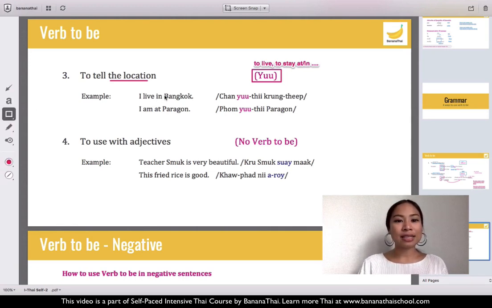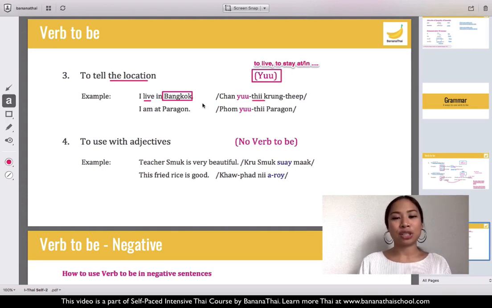Bangkok is location. So live, you use the word อยู่. I, ผม or ฉัน, live, อยู่. In Bangkok is กรุงเทพ. We learned this word Bangkok already. So if you want to say I live in Bangkok, you would say ฉันอยู่กรุงเทพ or ฉันอยู่ที่กรุงเทพ.